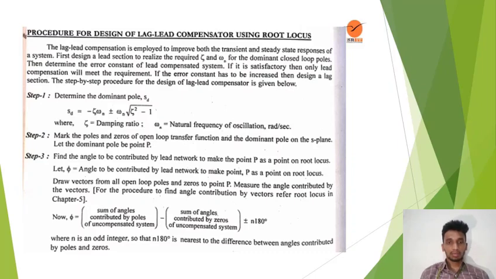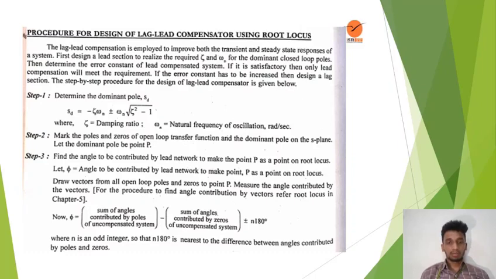The step-by-step procedure for the design of lag-lead compensator is given below. Step 1. Determine the dominant pole SD. SD is equal to minus damping ratio times omega n plus or minus j omega n root of 1 minus damping ratio squared. Step 2. Mark the poles and zeros of the open loop transfer function and the dominant pole on the S plane.